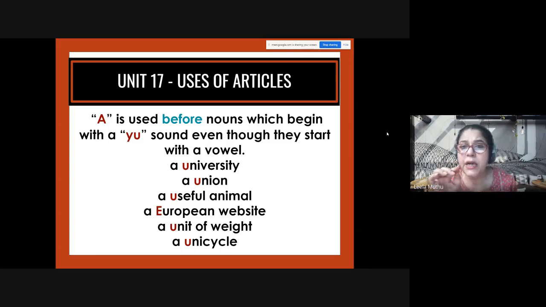But take the word umbrella. A says ah, E says eh, I says I, O says oh, and U says uh, as in umbrella. So we say an umbrella because it gives a vowel sound.